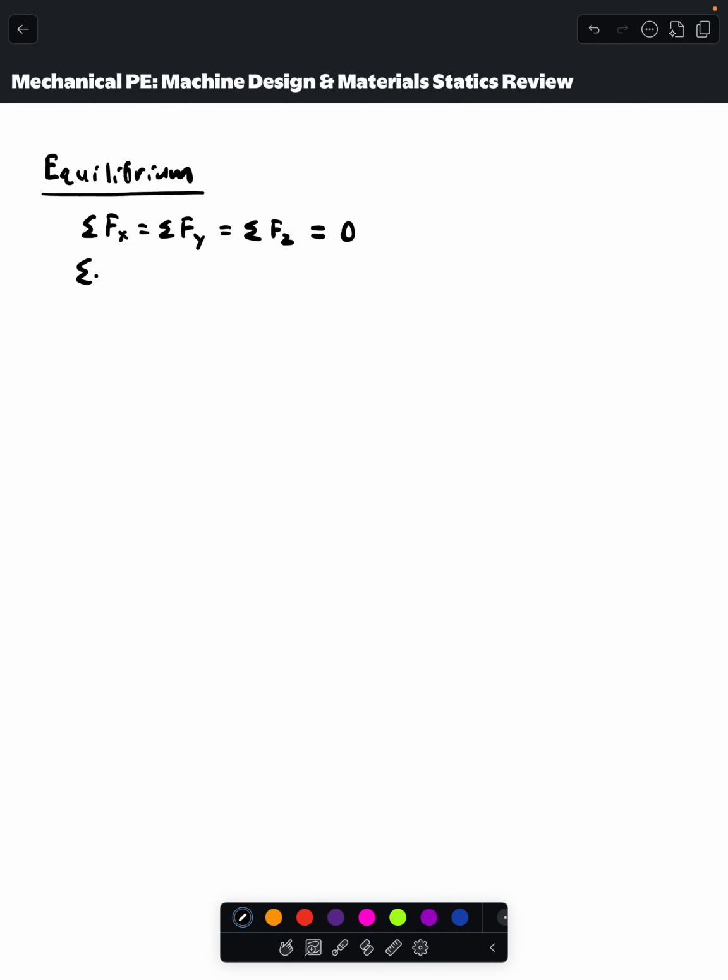Additionally, the sum of the moments about the x-axis, the y-axis, and the z-axis also equal 0. So I have an example problem that I wanted to go over to demonstrate this.